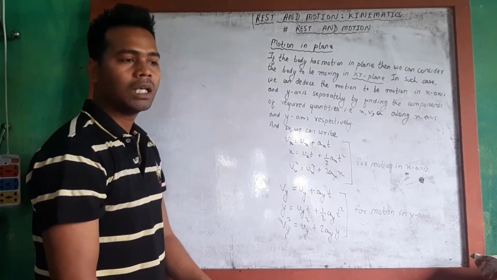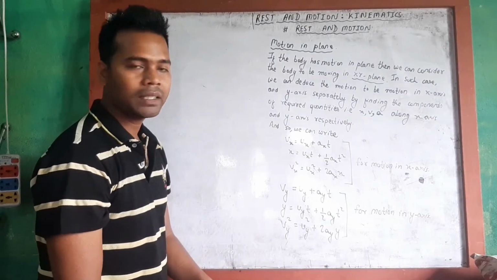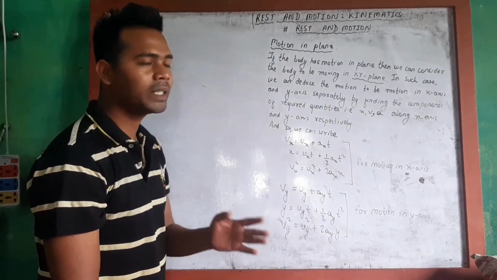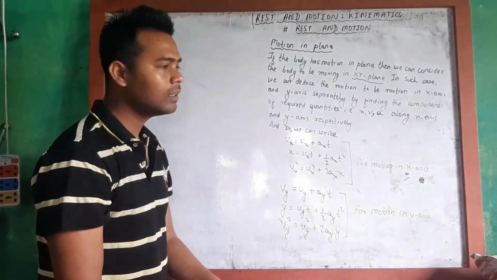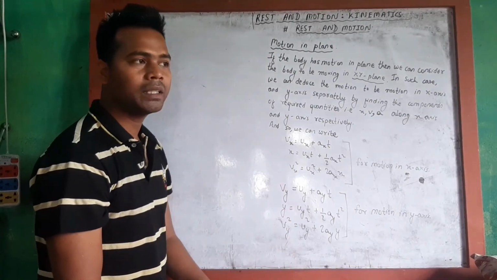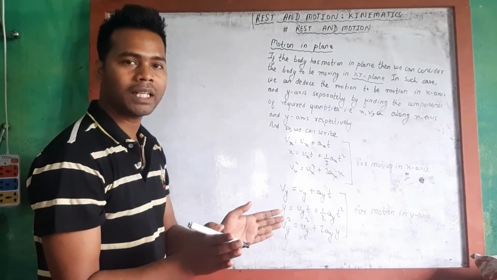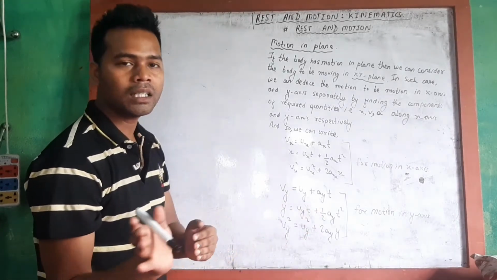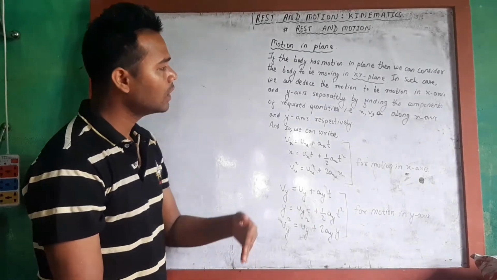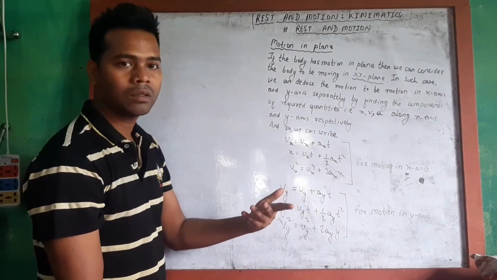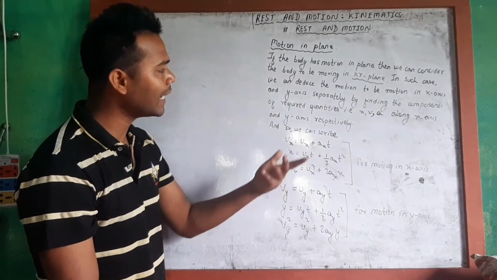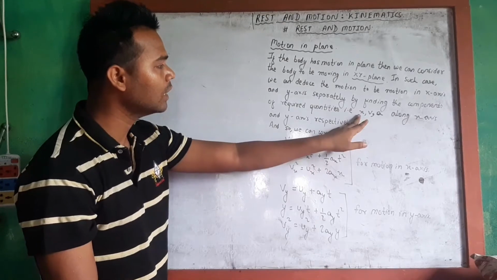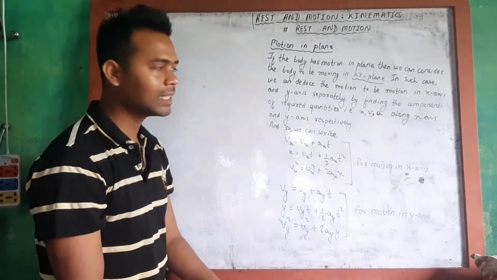This means if the body is moving in a plane, and we consider it to be moving in the xy plane, then the problem can be reduced to two problems: the body moving in the x-axis and the body moving in the y-axis. For the x-axis we have to find the x components of different quantities like displacement, velocity, and acceleration.